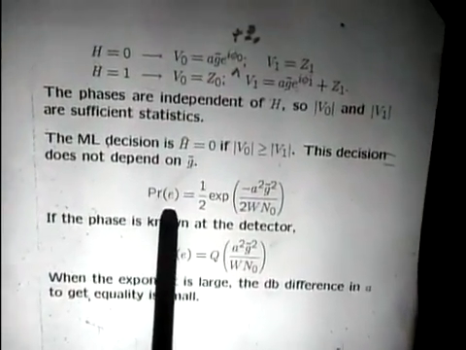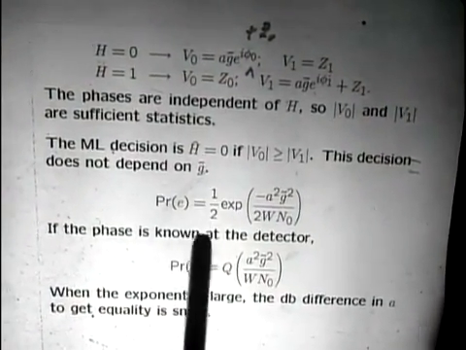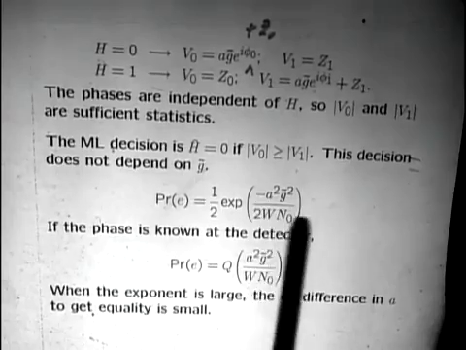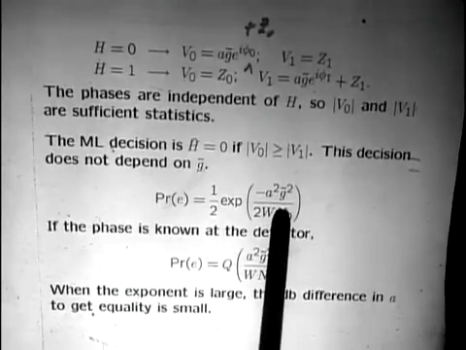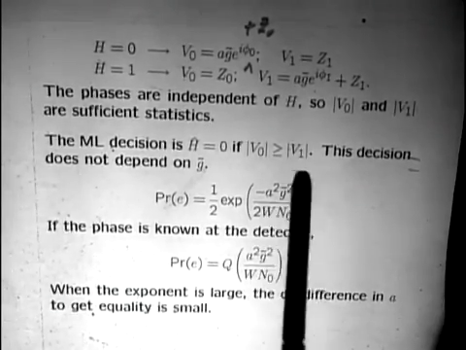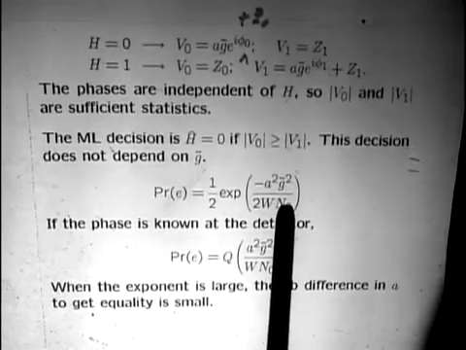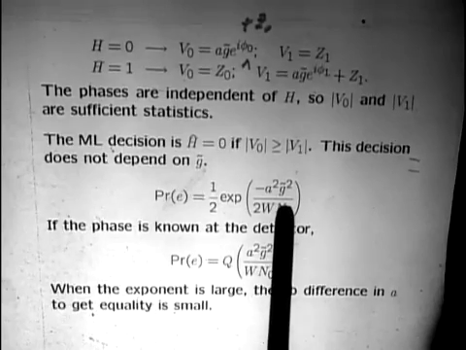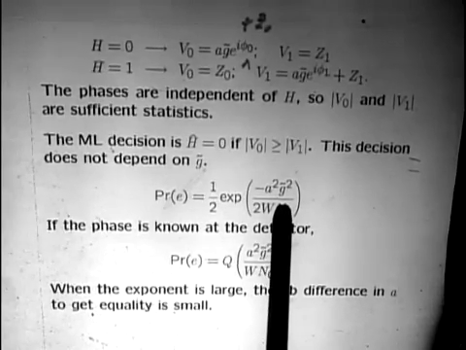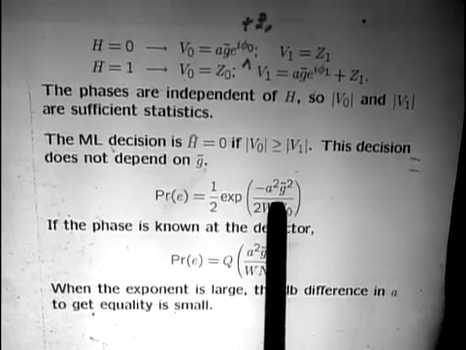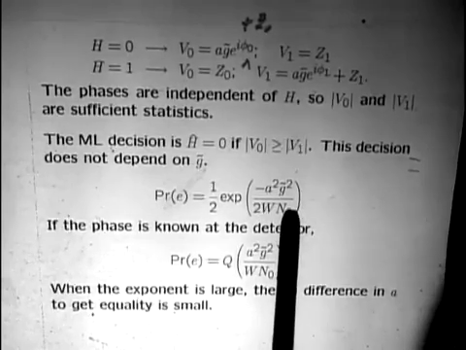When you get done doing that, you find out the probability of error is exactly 1/2 times e to the minus a squared times this known magnitude of the channel, g tilde. I mean, a squared and g tilde have to appear together here, okay? Because the magnitude of what's coming out of the channel without noise is just a times g tilde.